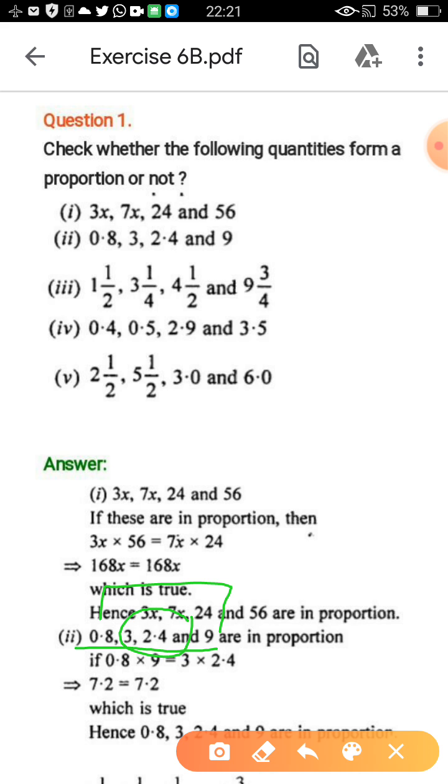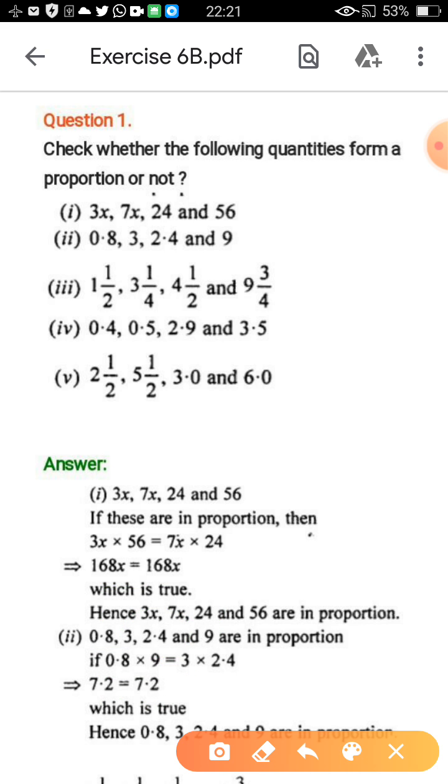I have written the extreme terms first: 0.8 multiplied by 9, then 3 multiplied by 2.4, and I have taken their multiplication. 9 eights are 72, one decimal, so 7.2.